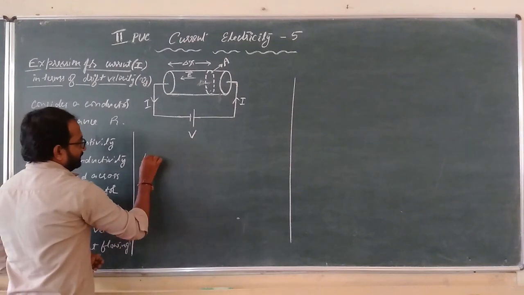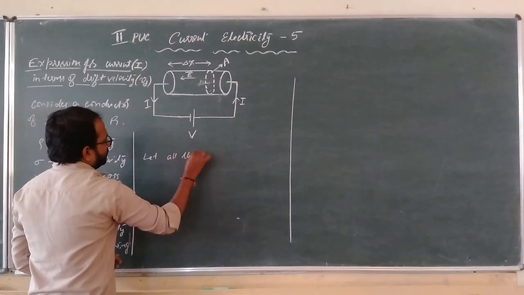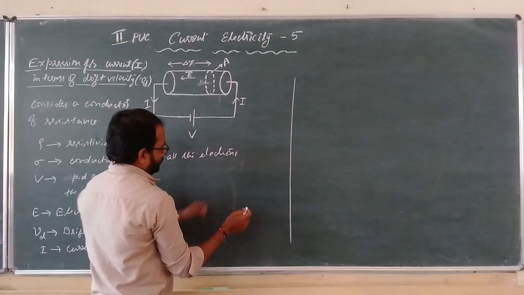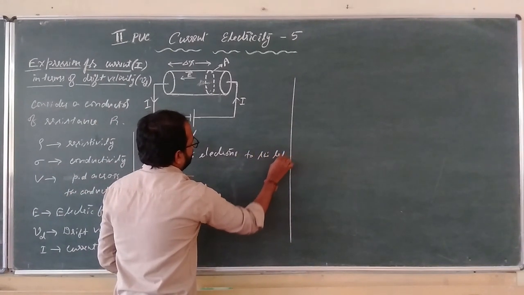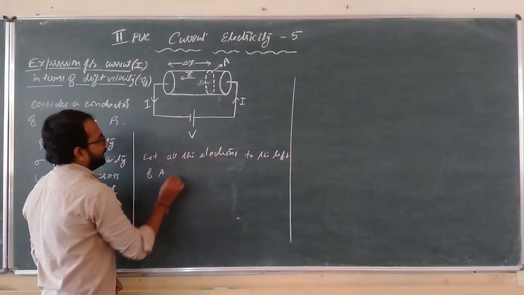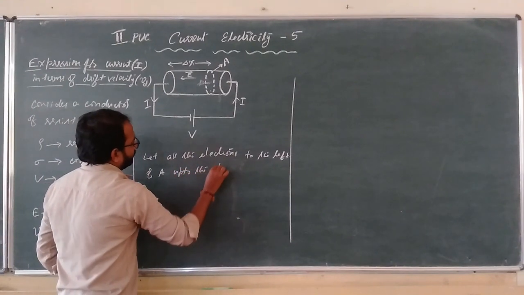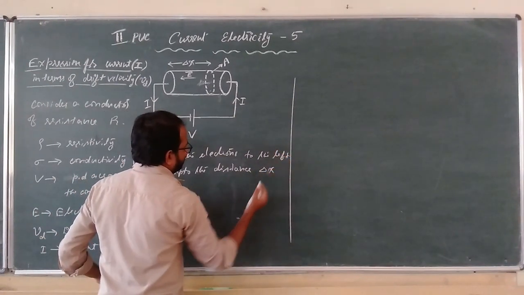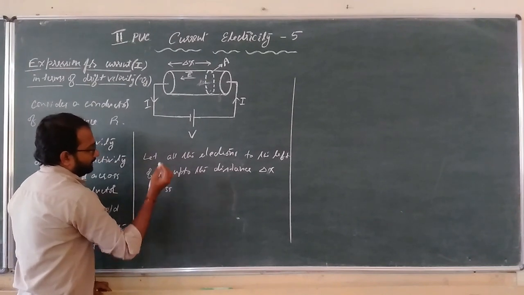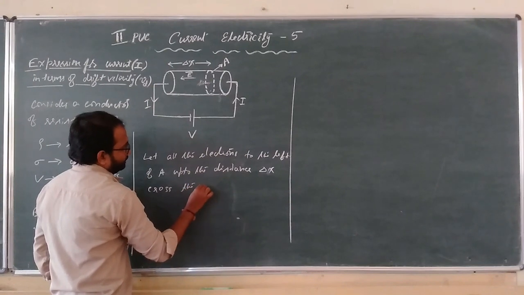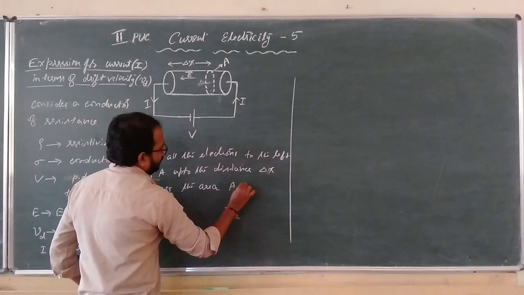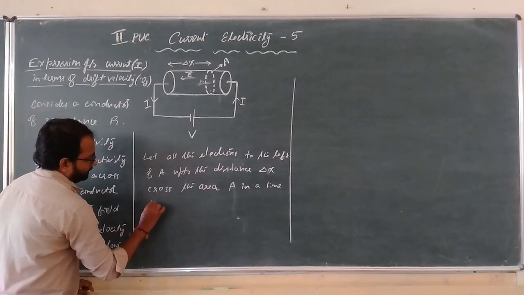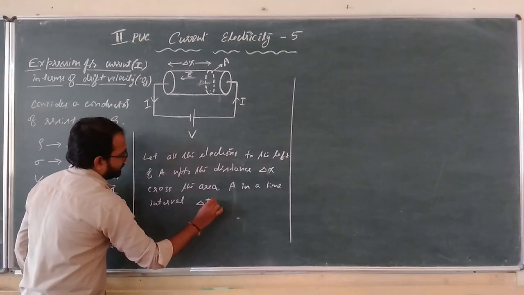So let all the electrons to the left of A, up to the distance delta x, that is, to the other end of the conductor, cross the area in a time interval of delta t seconds.